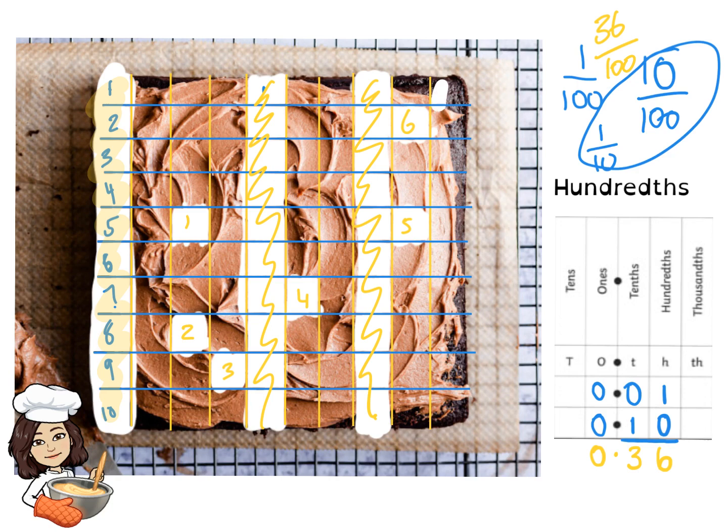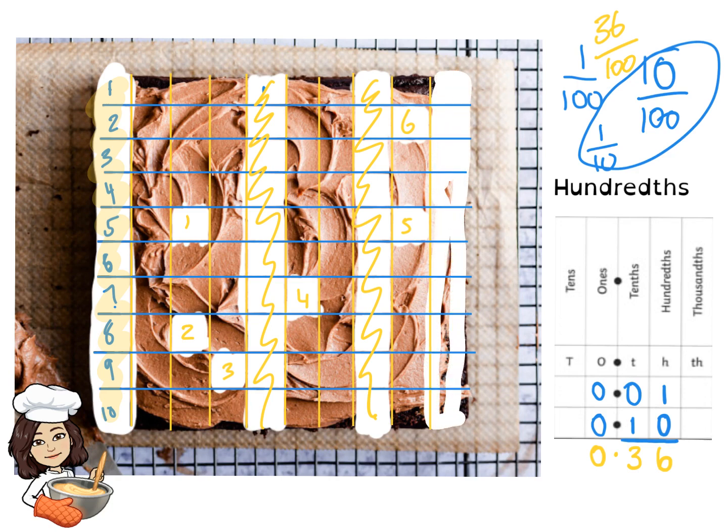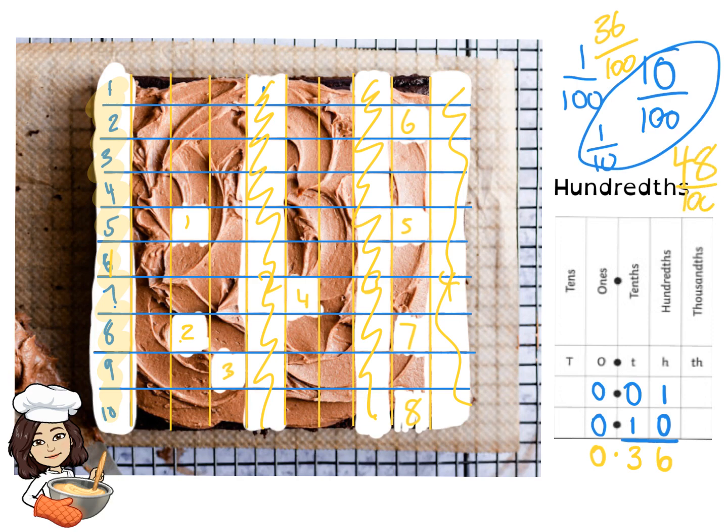I'm going to eat some more, feeling the edge piece again. All right, so 1 tenth, 2 tenths, 3 tenths, 4 tenths. So I've got 4 tenths. 1, 2, 3, 4, 5, 6, 7, 8. 48 out of 100.